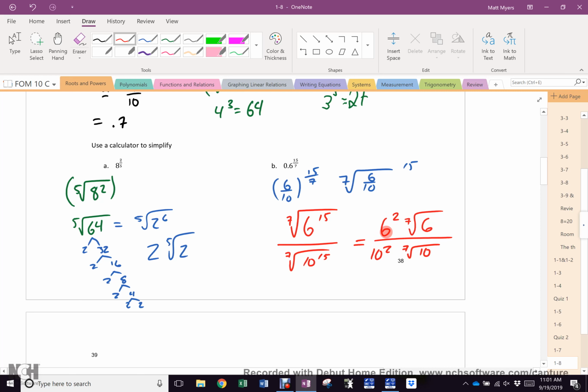And now I could fix this up to get 36 over 100, 7th root of 6 over 7th root of 10. And then you could simplify the 36 over 100 if you wanted. This is like high end of grade 11 math work. Okay? Everybody with me? But please notice, it's the exact same as this kind of easy one over here, yeah? Everybody with me? All right.